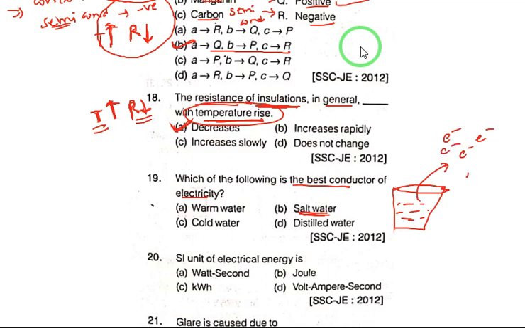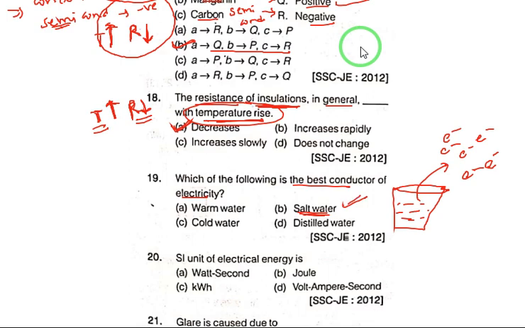That is why it will act as the best conductor of electricity. When we keep a wire in it, the current will directly conduct through this liquid also. That is why salt water is the best conductor of electricity.